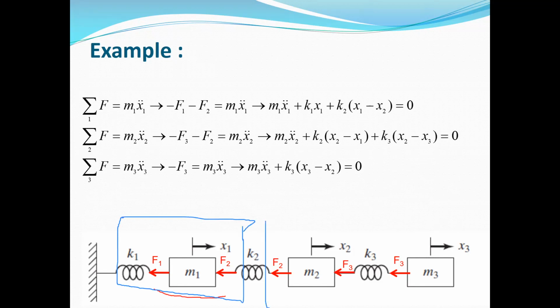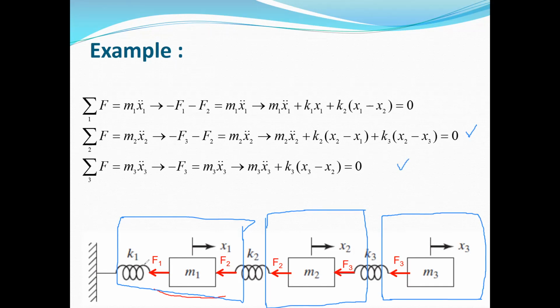From the free body diagram of the second mass, you can extract the second equation, this one. And finally, from the free body diagram of the third mass, we can extract the third equation. For the first one, if you write the force equation, we will have F1 and F2, both of them in the negative direction according to the direction of x1. So it will be minus F1 minus F2 equals m1 x1 double dot.